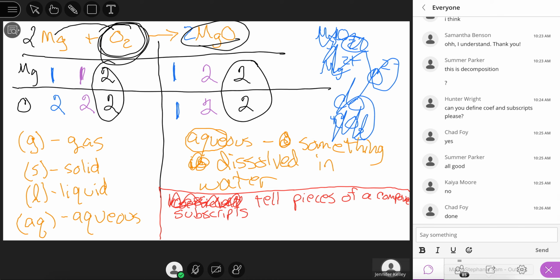So let's say we had A2B. The compound is A2B, and it's telling me that for A, I have 2 pieces, and B, I have 1 piece. All right, and I'll do coefficients on the next page. So that's subscripts.